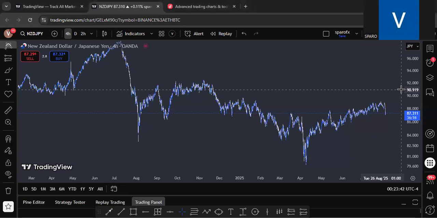So I'm going to be combining the video on key levels together with NZDJPY. So it's more like a two-way video, key levels, and also making a quick analysis on NZDJPY, sharing my thoughts on what I have on NZDJPY.